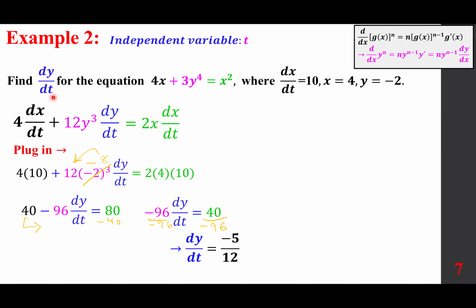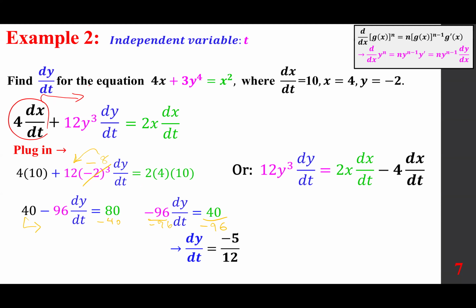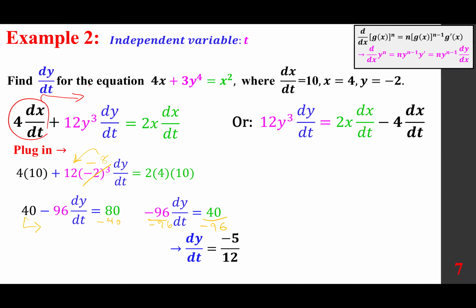The second method is to solve for dy/dt, which means this moves to the right and becomes negative. And you're going to divide both sides by 12y cubed.